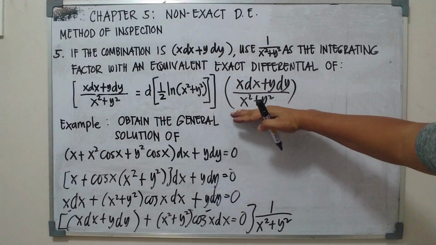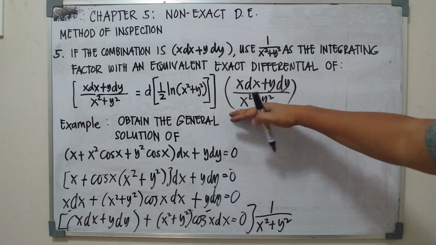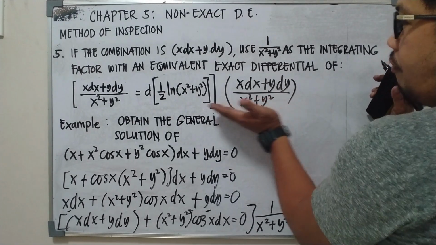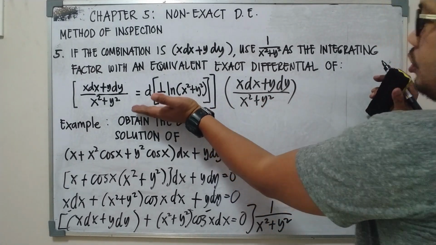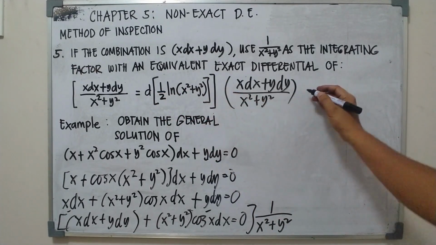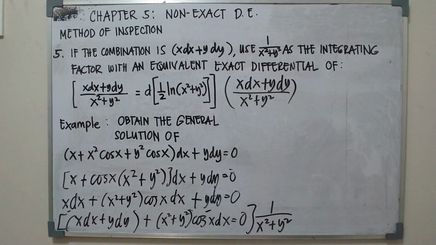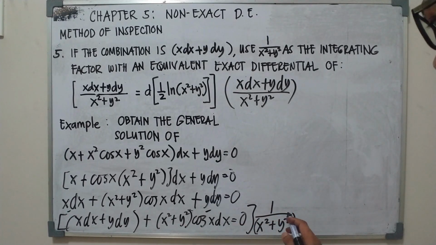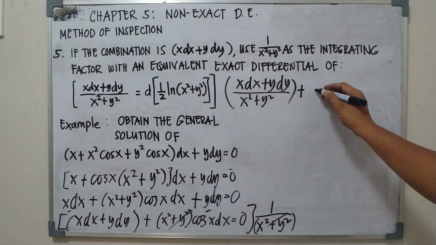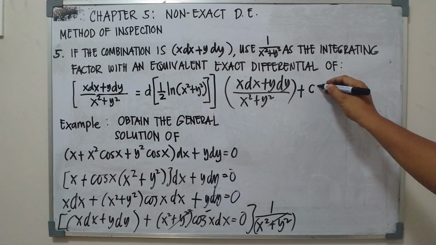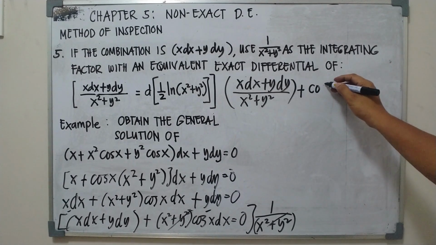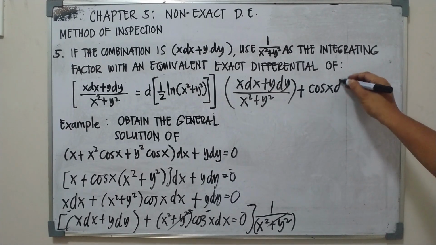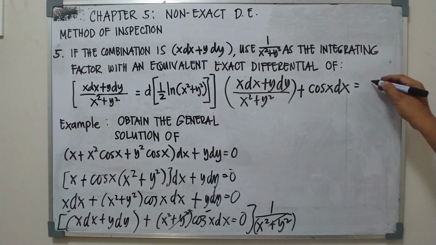So, we have this multiplier. I mean, we have this equation which is equivalent to yung ating exact differential equation. So, pwede mo ipalit mamaya-maya. So, copy first yung ito. So, this x squared plus y squared divided by this x squared y squared, makakasya lahat. Diba? So, kumbaga, mas simplified yung ating equation kasi in-arrange mo na bago tayo nag-proceed sa simplification. So, cosine of x dx. And this is equals to 0.